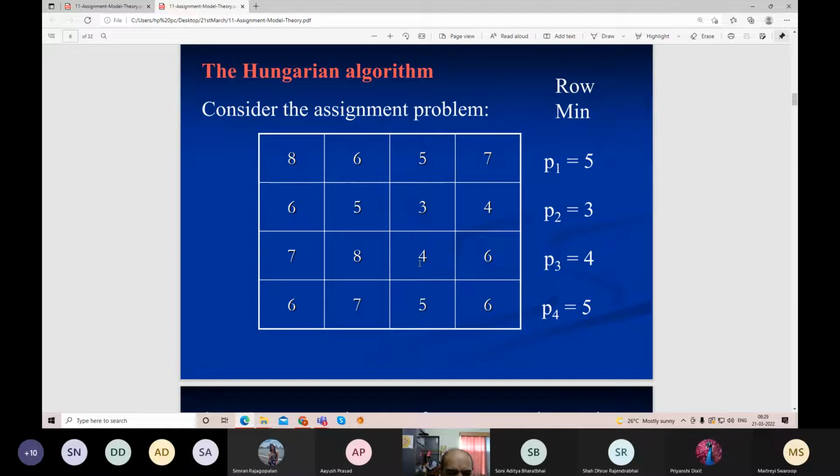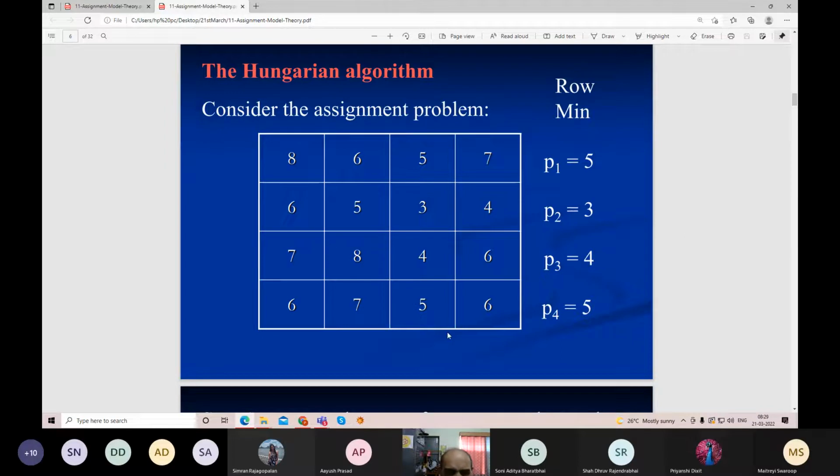Similarly, as you observe, the fourth worker is also taking the minimum time to complete the third job, that is 5 units. Now, we have some priority, there are several jobs, not only one. So we cannot assign one job to several workers. We have to assign one job to one worker.